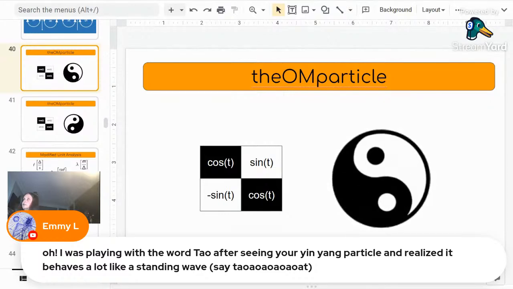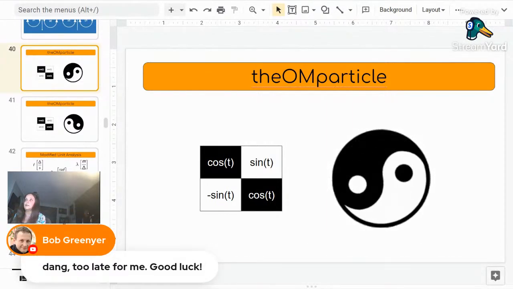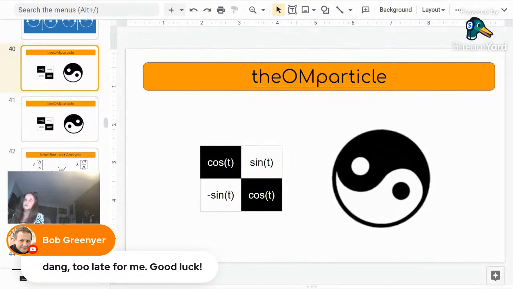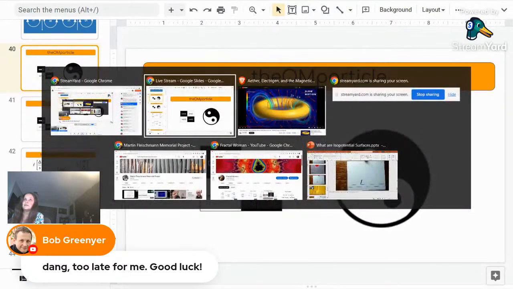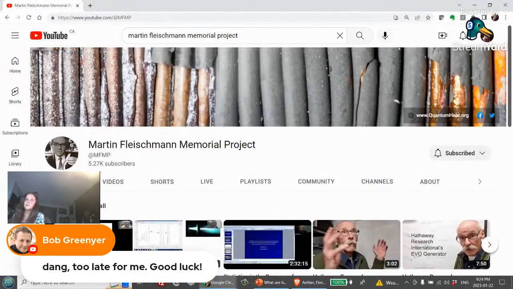Bob Greenard. Actually, he sent me a little message earlier. He said he couldn't make it. Bob Greenard is part of the Martin Fleischmann Memorial Project, and he's working with a group of people trying to develop low energy nuclear reactor technology.